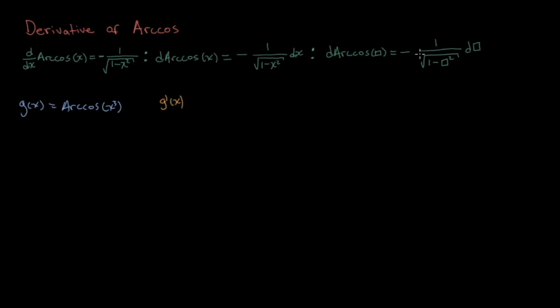So we'll look up here. The derivative of that is going to be negative 1 over the square root of 1 minus whatever this box is. And in this case, it's x cubed squared.